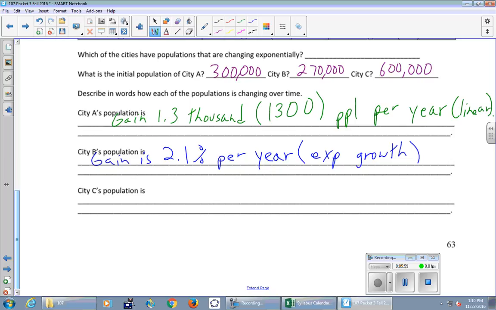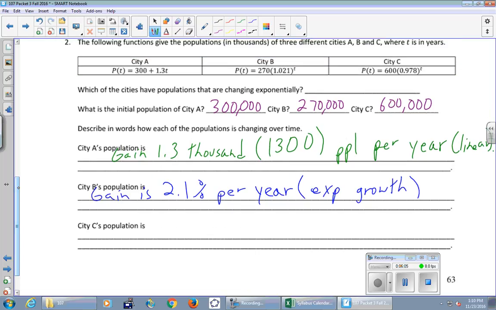All right. The last one is potentially the trickiest one. I just got through saying that every exponential formula has a 1 plus buried inside. But look, that number is smaller than 1. What does that mean? It's a decay, right? It's 1 plus something negative. It's always 1 plus, but in this case, the number we're adding to 1 is a negative number. So what is the number that's sort of missing from that guy?